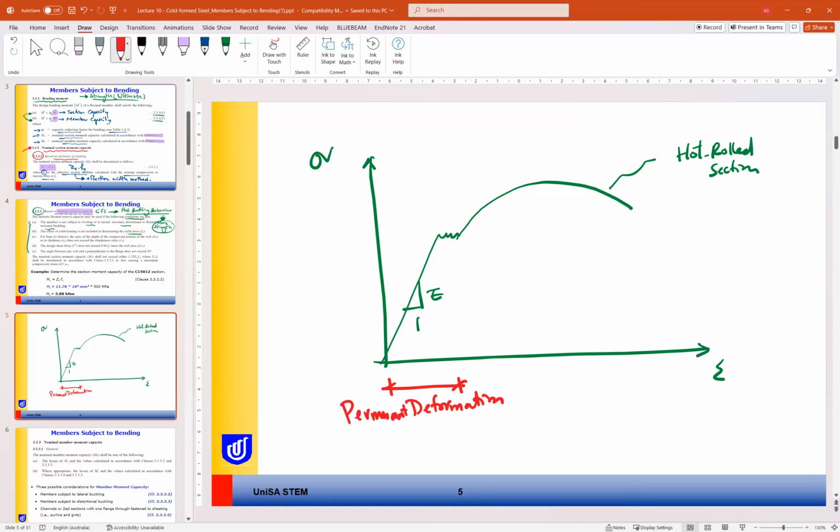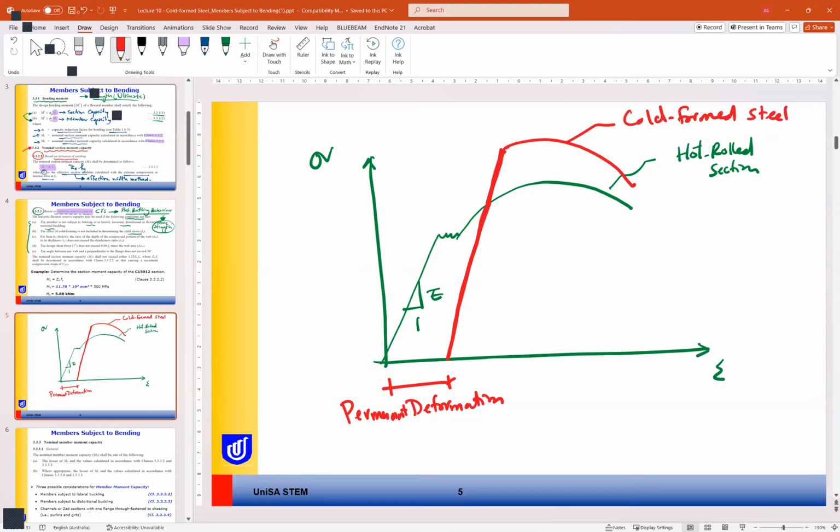So the red curve, maybe a little bit higher, is for cold formed steel, and this is for hot rolled steel.